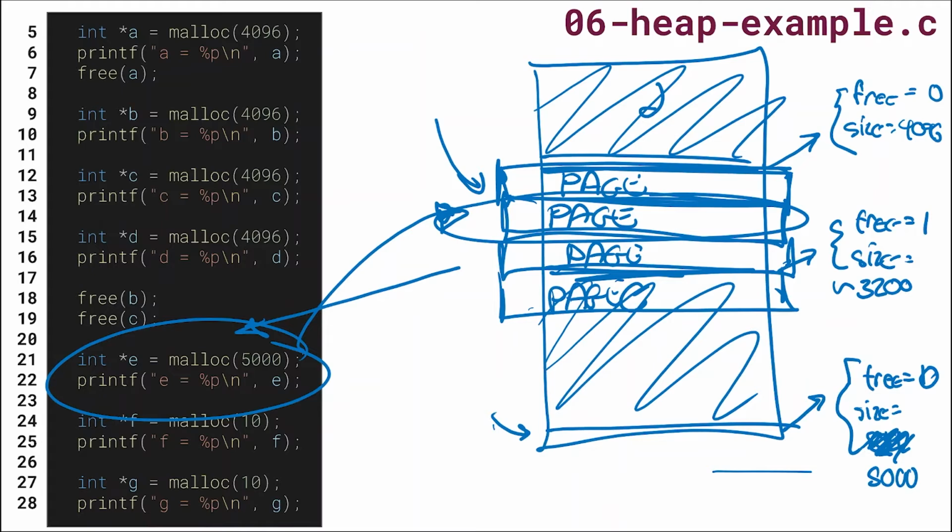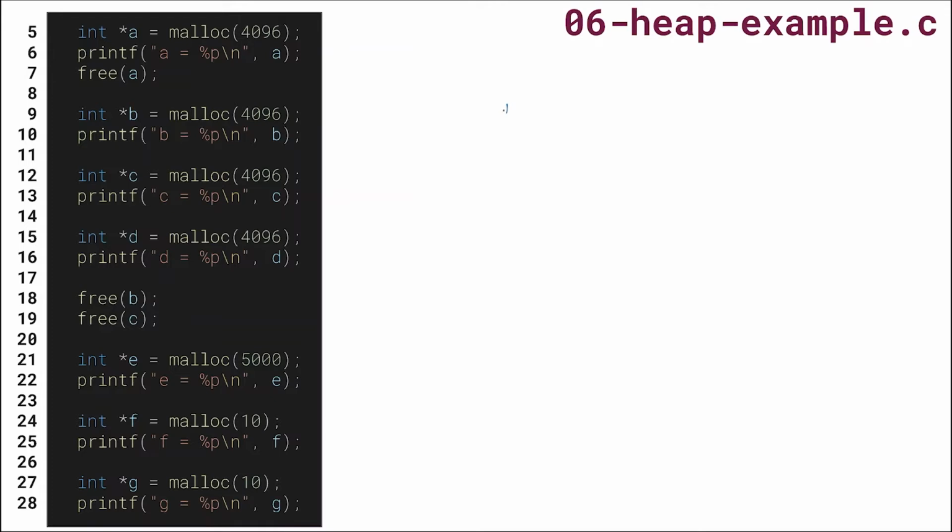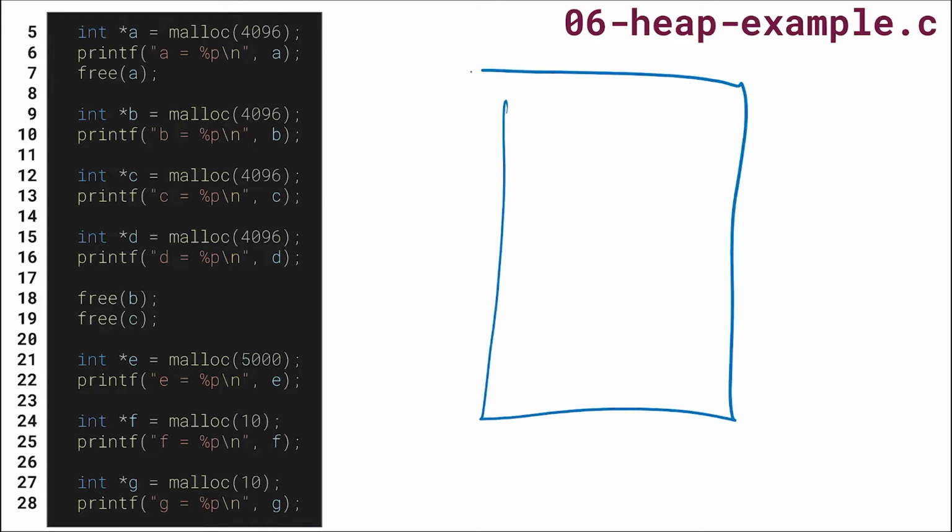So let's say there's a heap with two memory blocks stacked on top of each other. What happens if we have a block of memory whose size is maybe 1,000, and we'll call this L for Lloyd?